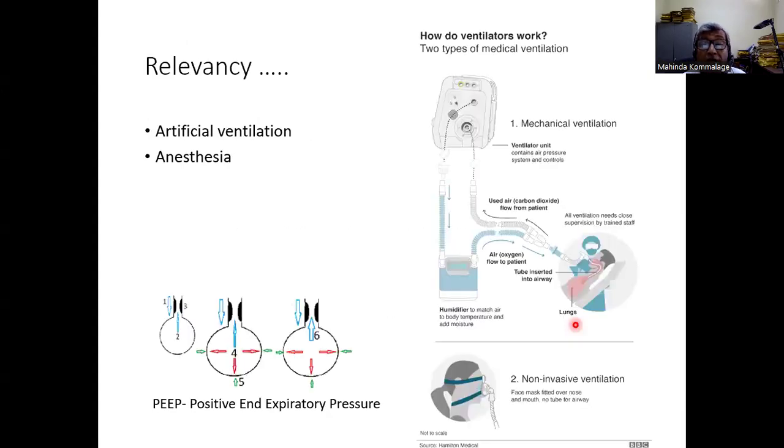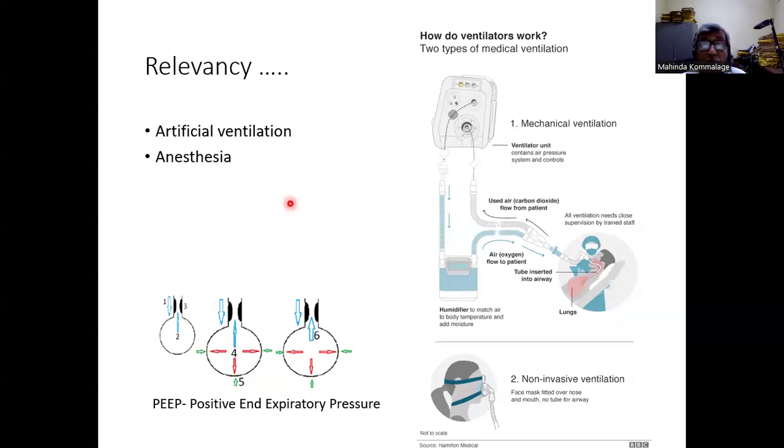Ventilation is a very well manipulated process by doctors, anesthetists, and intensive care doctors. We can do ventilation artificially, which we call artificial ventilation.